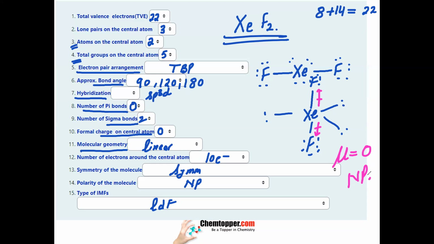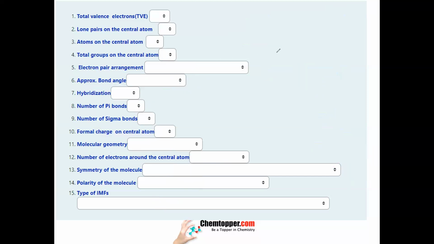Lewis dot structure, valence shell electron pair repulsion theory, VSEPR, valence bond theory. What is valence bond theory? First topic is Lewis dot structure. We have done it very nicely.